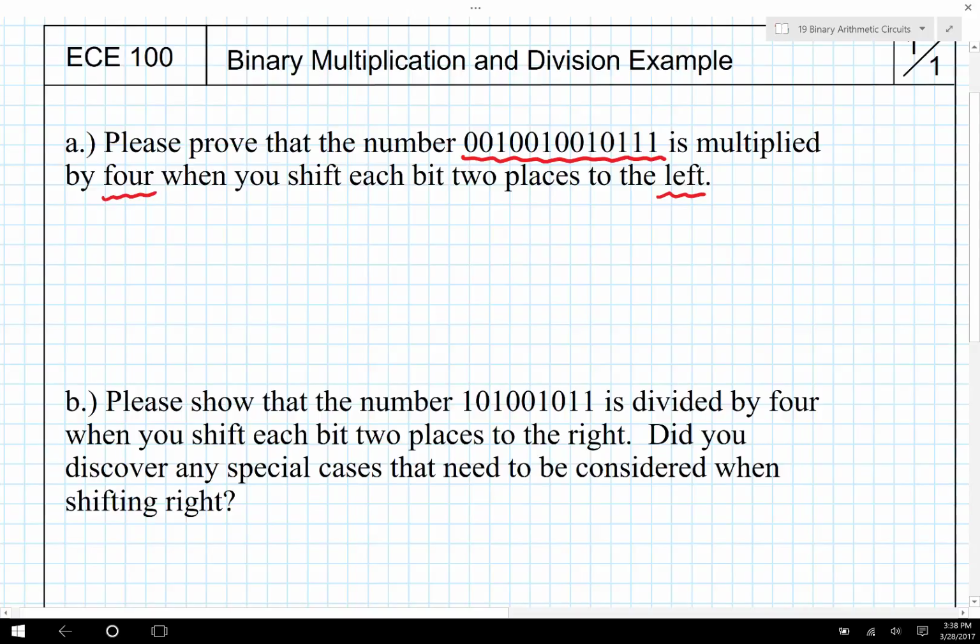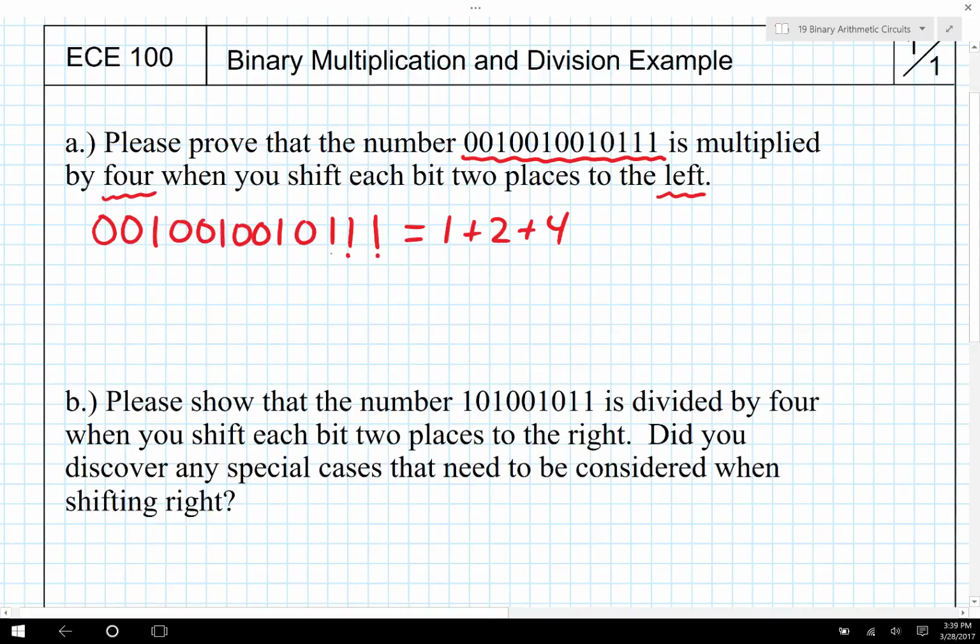Let's prove that by shifting this number 2 places to the left. Before I shift, let me first copy the original number, 001, 001, 0111. Since the whole point is to prove that the number gets multiplied, I'll do the conversion by hand. So this is 1 plus 2 plus 4.